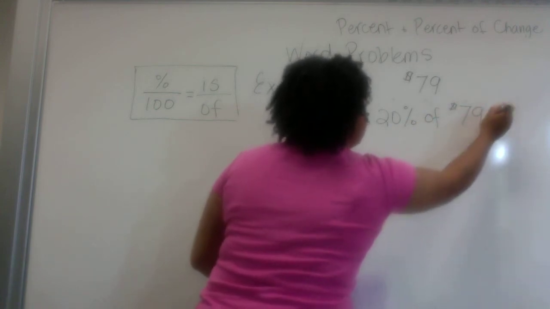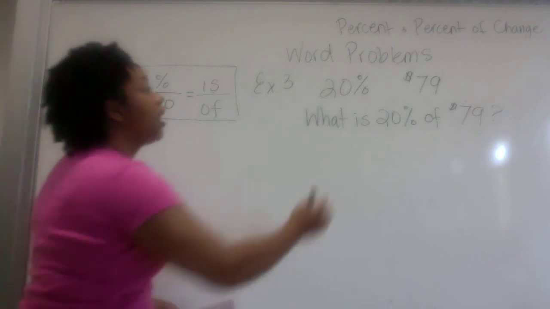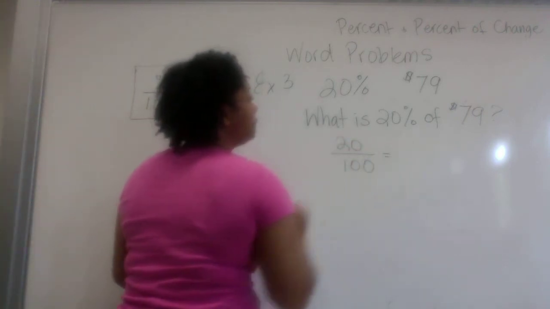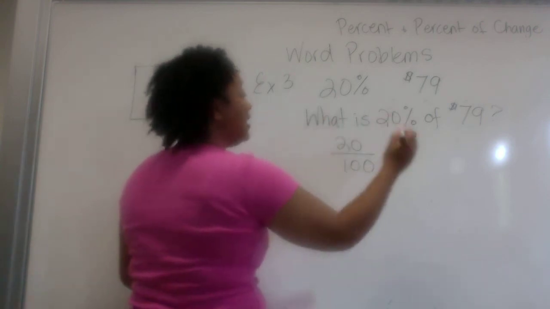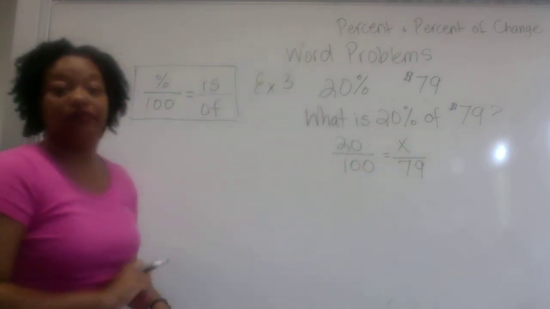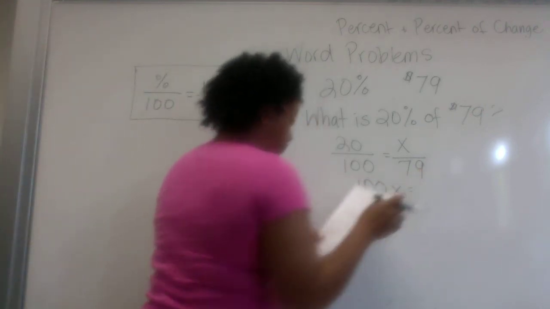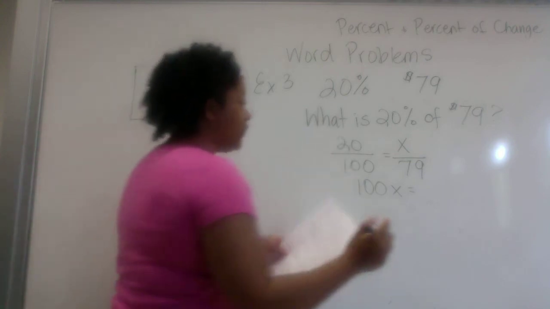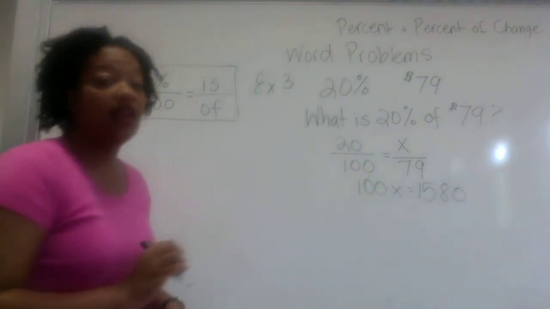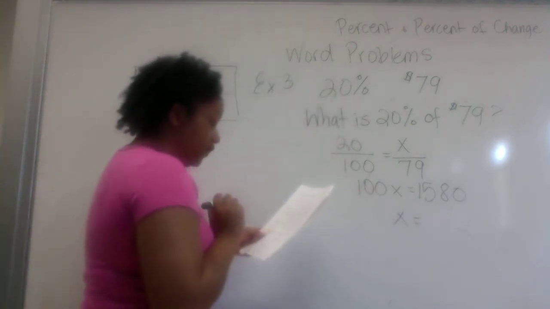And then we set this proportion up just like we did the commission problem. 20%, that's your left-hand side of the proportion. What is, that's our unknown, over 79. Cross multiply. 100 times x. 20 times 79 is 1,580. Divide both sides by 100.